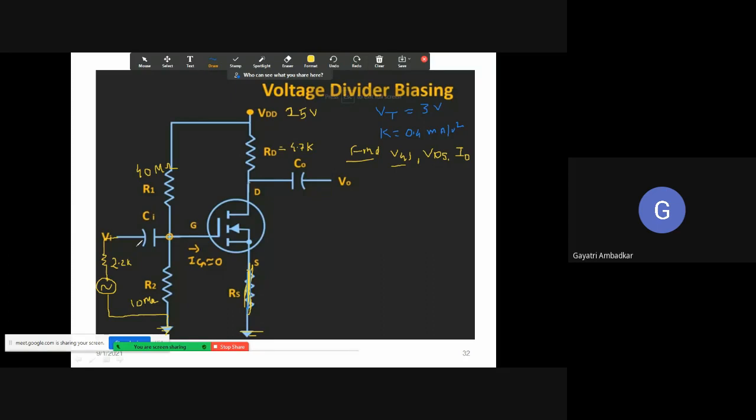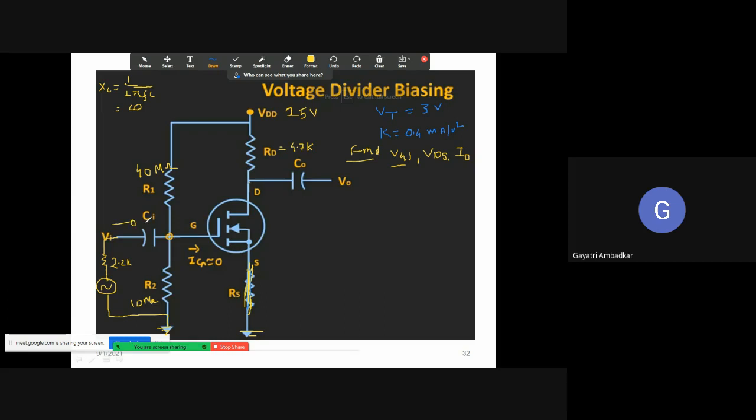No, because the reactance offered by a capacitor, Xc, is equal to 1 upon 2 pi Fc, where F is the frequency of the signal, and for DC this frequency is 0. So Xc becomes infinite for the DC signal, and therefore it acts like an open circuit. It will not allow any DC signal to pass.